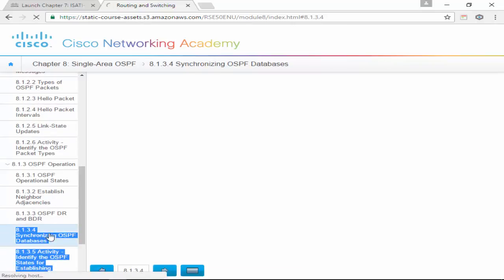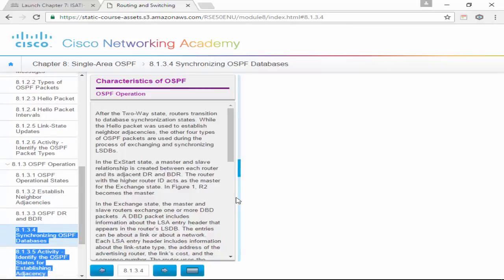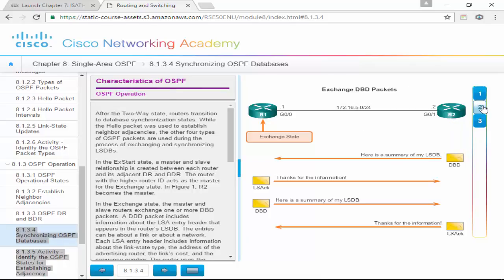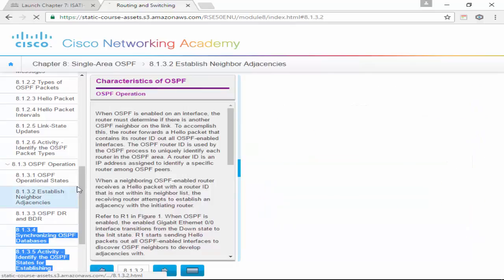So what do we have here? So who sends the first DBD, remember, which is how they check their databases. Whoever has the IP address is going to become the DR, and since they're the boss, they get to send the information to everybody else as well.